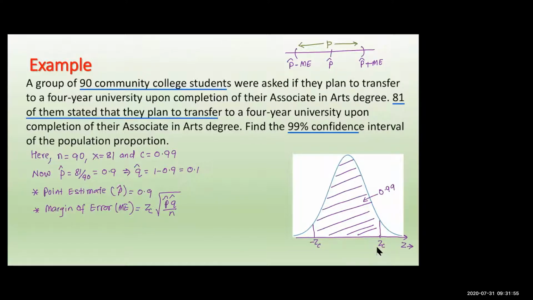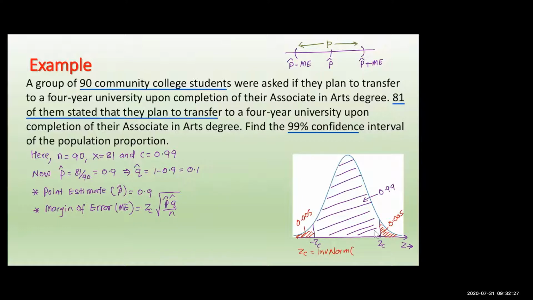Now the area on the tails is the 1% area divided into two parts, because in the middle you have 99%. So you have 0.5% each, which is 0.005 and 0.005.